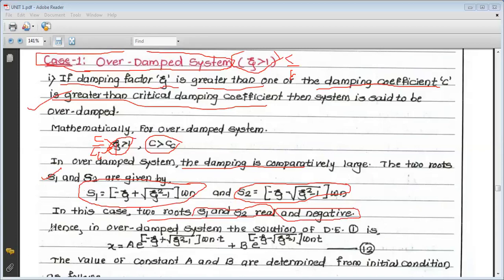Hence, for the overdamped system, the general solution of the differential equation is x equals a e raised to s1t plus b e raised to s2t. Now put the value of s1 and s2.